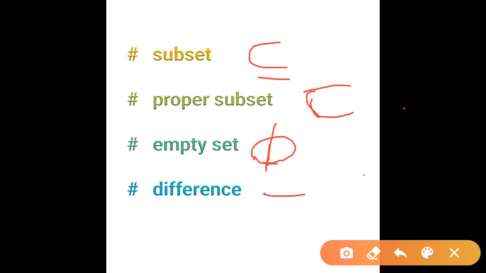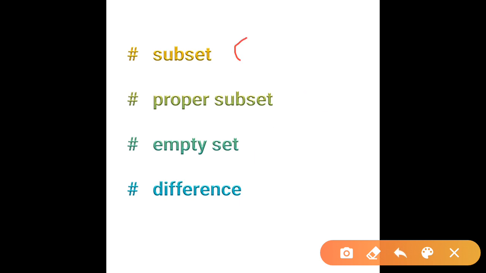Already we have seen four symbols, and today also four symbols, right? The first one is subset, the second is proper subset, the next is empty set, and the last one is difference.